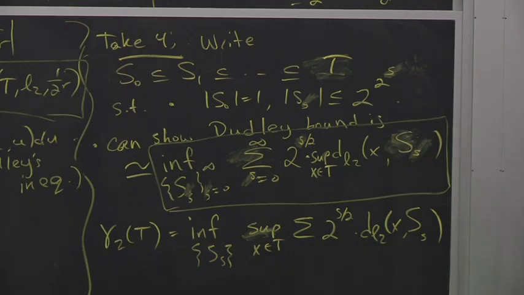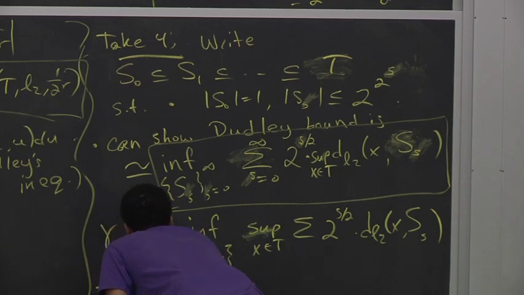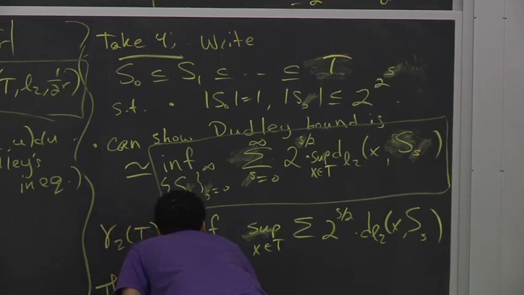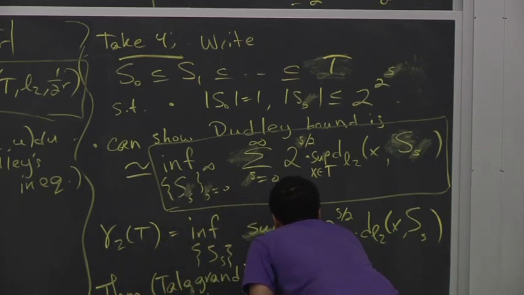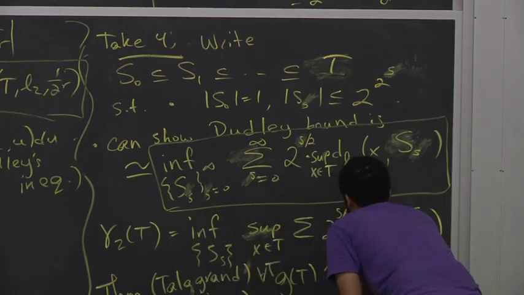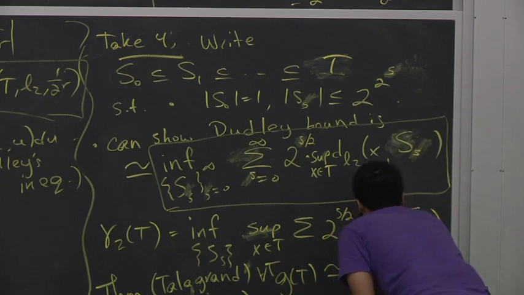And theorem: the upper bound is due to Talagrand, and the lower bound is due to Fernique. For all t, G of t is basically equal up to a constant to gamma 2 of t.